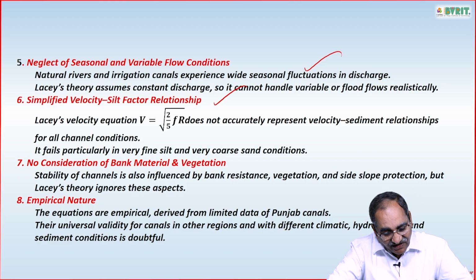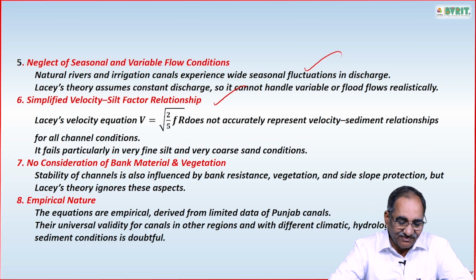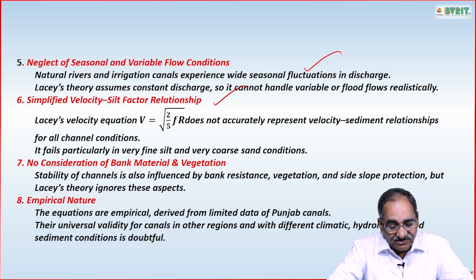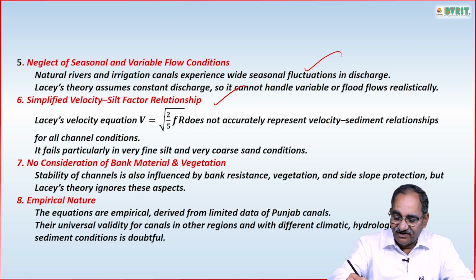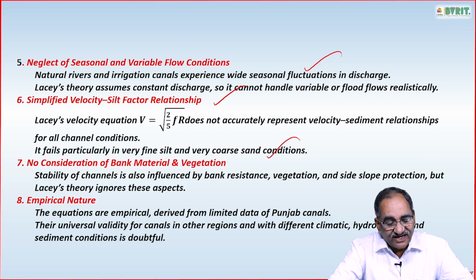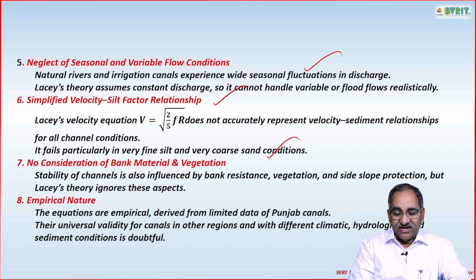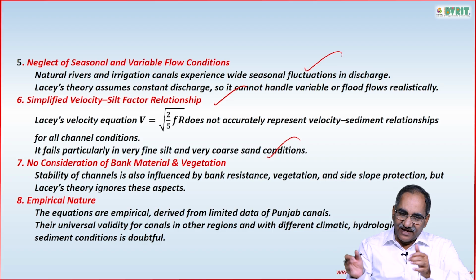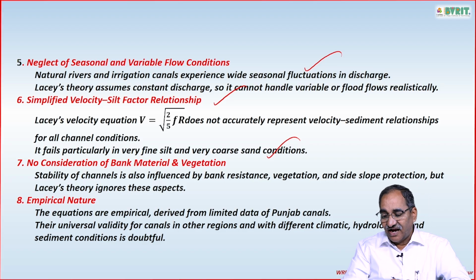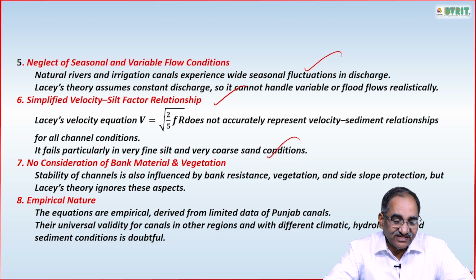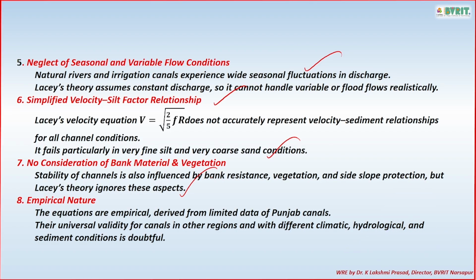Lacey's velocity equation, V is equal to square root of 2 by F into R, does not accurately represent velocity sediment relationships. It fails particularly in fine silt and very coarse sand conditions. No consideration of the bank material and vegetation. The stability of channels is also influenced by the bank resistance, vegetation and side slope protection, but Lacey's theory ignores all these aspects.